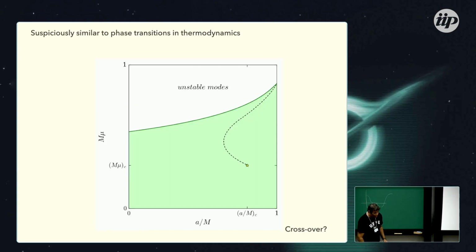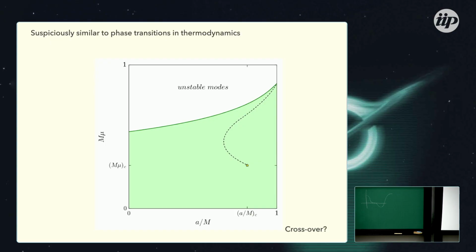This actually has some very nice similarities to the theory of phase transitions. If you remember the theory of phase transitions between, say, liquid water and vapor, you have some coexistence curve, and the coexistence curve stops at the critical point. And what's happening here, in this dashed line, seems to be something like that.